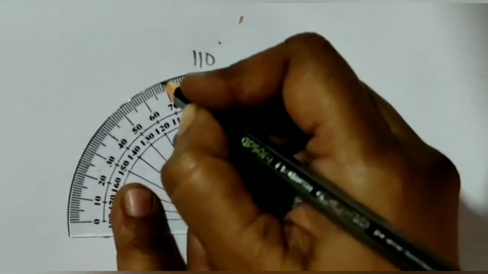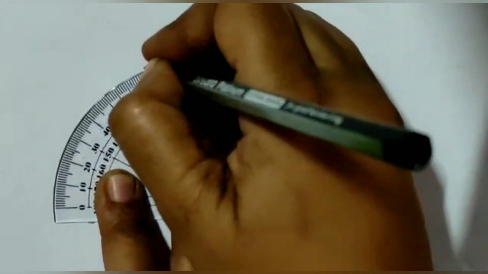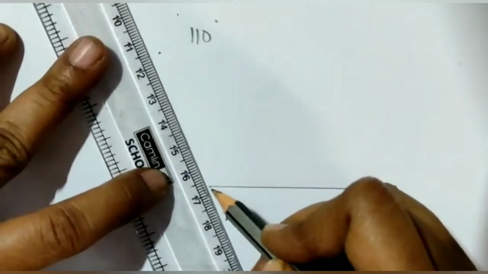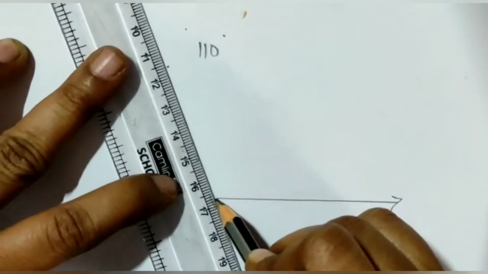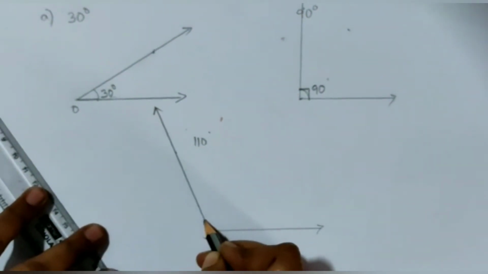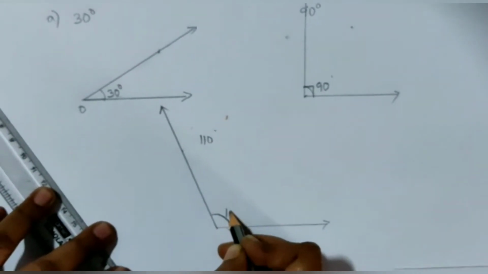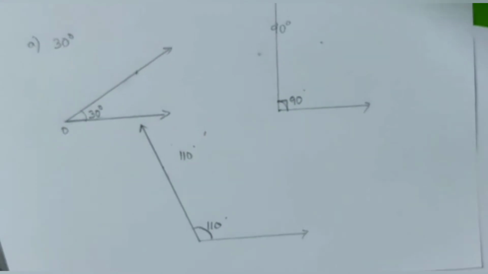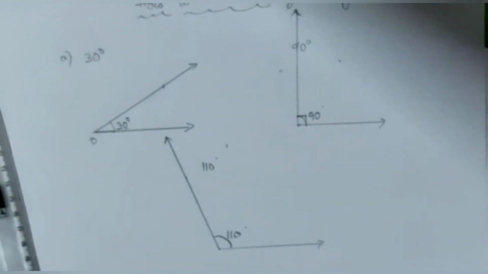Where here we have 110. So just keep your point there and join a line segment through the point. So this is 110 degrees. So like this we can draw any angle using a protractor.